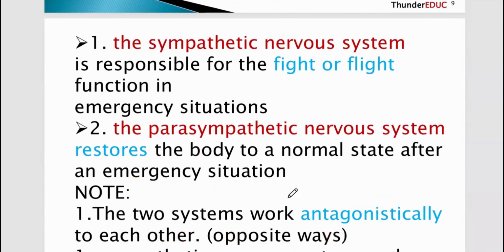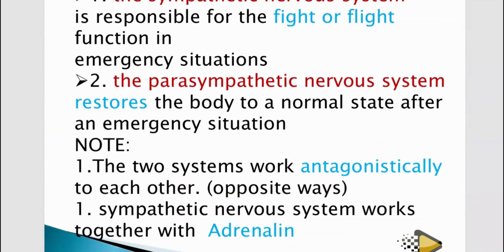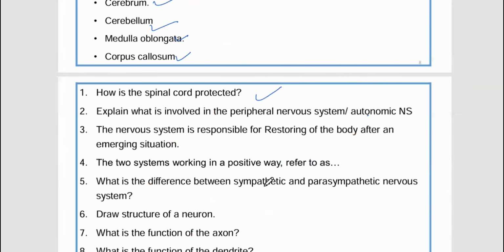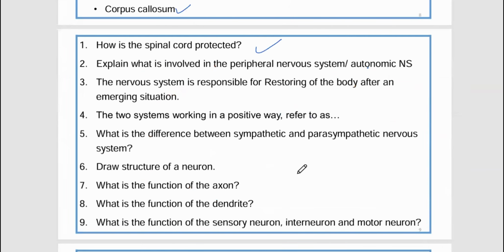So here are some of the questions they can ask you. How do you call the muscles which work in the opposite way? We call it antagonistic. And then we can also ask you the type of nervous system which restores the heartbeat after emergency is called what? It's called the parasympathetic nervous system. So you have to know these things.